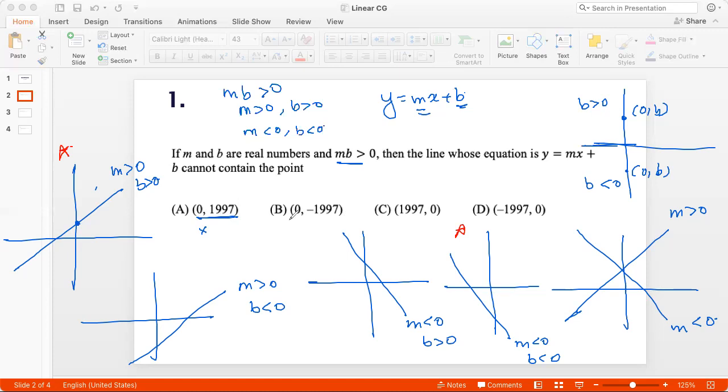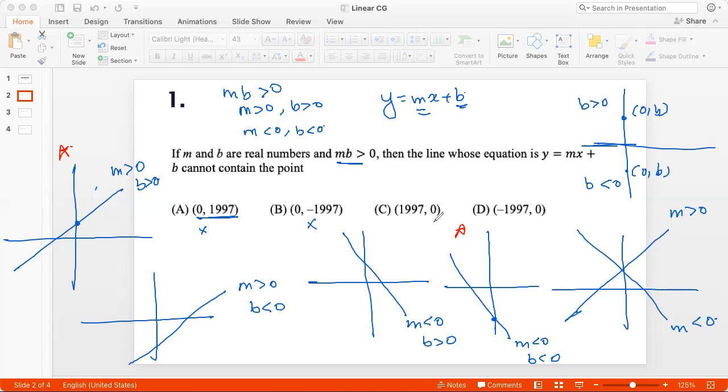Can I have 0, negative 1997? Yes, indeed, this point can be 0, negative 1997. So this can't be the answer. Can I have 1997, 0? That is not possible, because on the positive side of the x-axis I don't have an intersection, here or here.